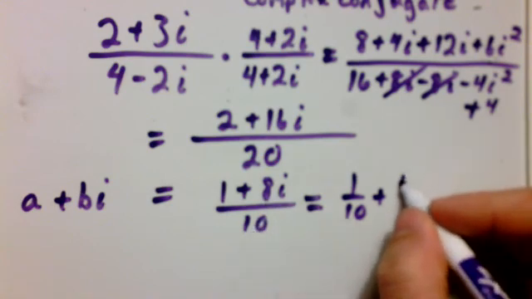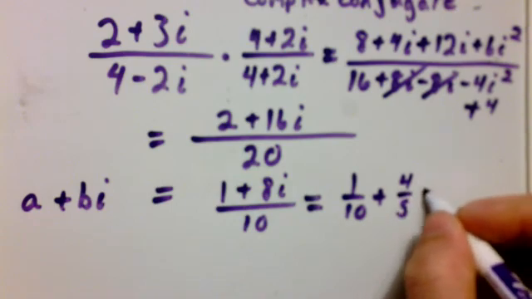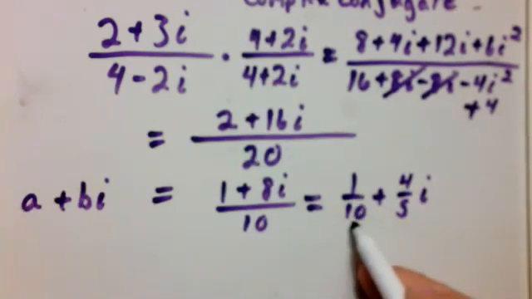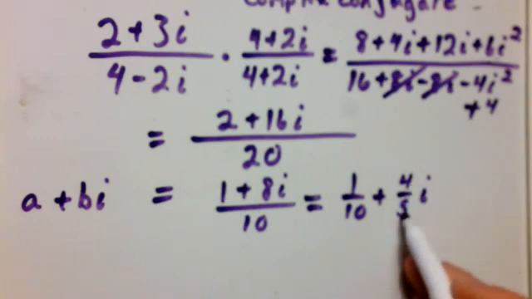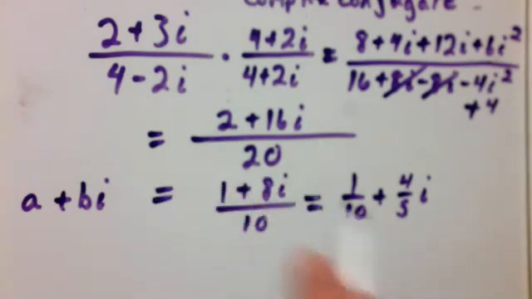I can reduce that to 4/5 i. So my a is 1/10, that's my real part. My b is 4/5 i. I've converted this to a regular number without the division. Okay. Questions there?